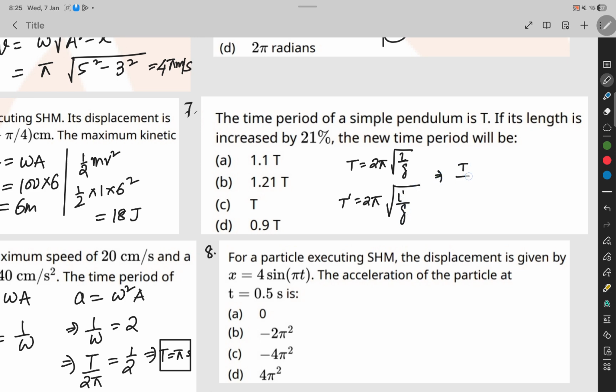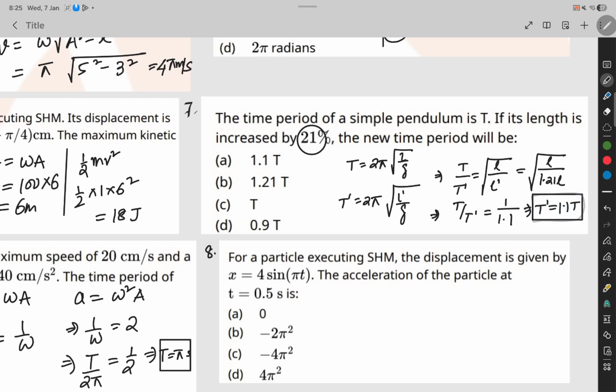So that becomes T by T dash equal to root over L by L dash. As it is increased by 21%, it will be 1.21 L. So T by T dash becomes 1 by 1.1, because L will get cancelled out, and root 1.21 is 1.1. So T dash is equal to 1.1 T. So this is your correct answer.